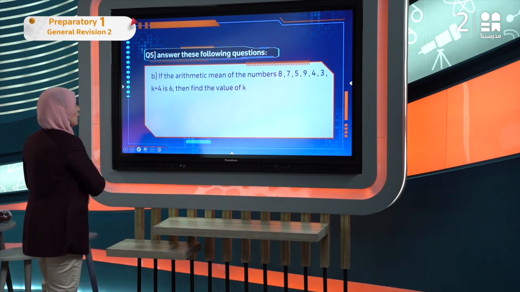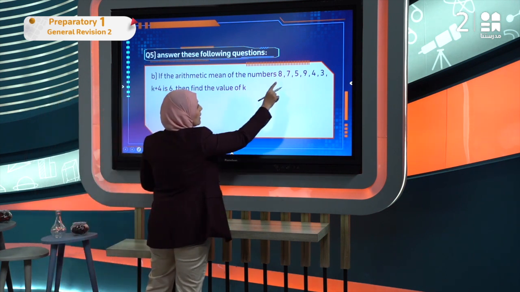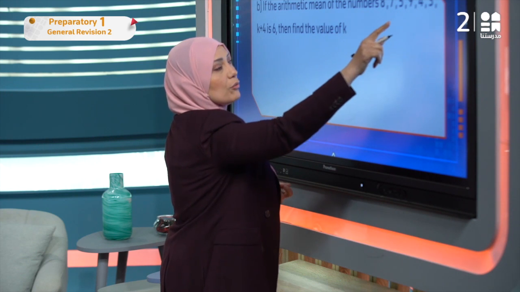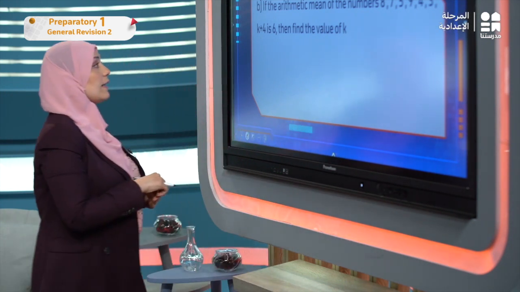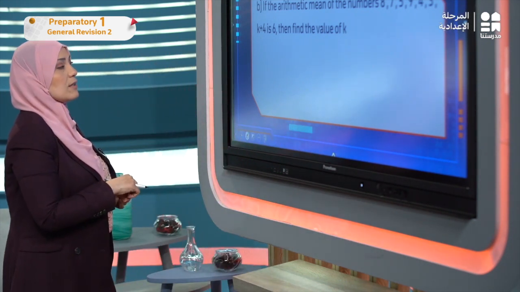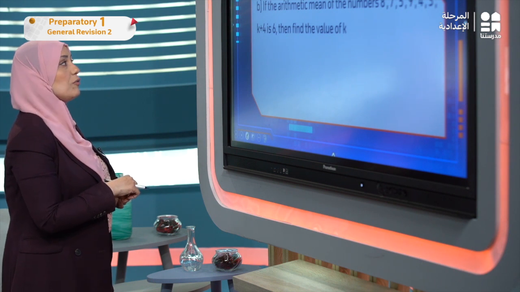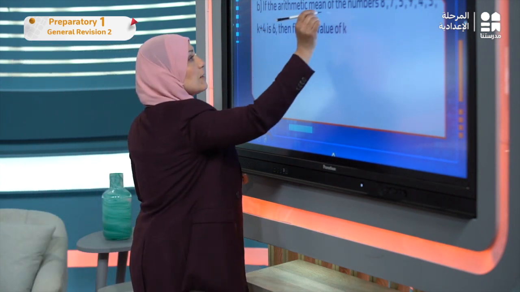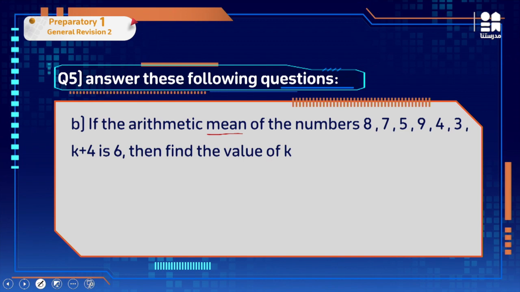B, if the arithmetic mean of these numbers 8, 7, 5, 9, 4, 3, and k plus 4 is 6, then find the value of k. Mean, to get the mean, we have to add them and divide by the number of the values. How many values do we have? 1, 2, 3, 4, 5, 6, 7.